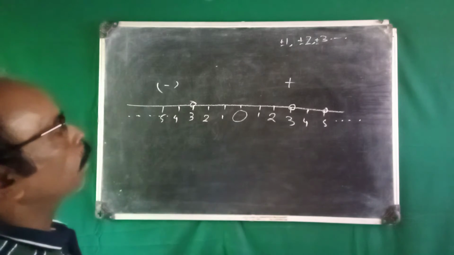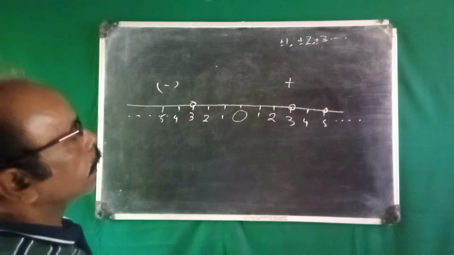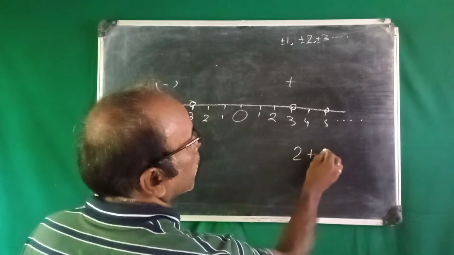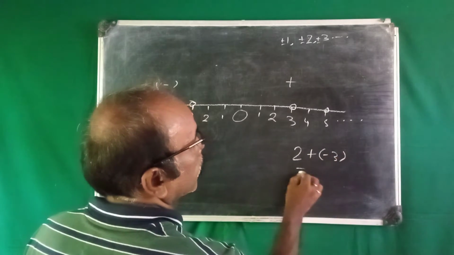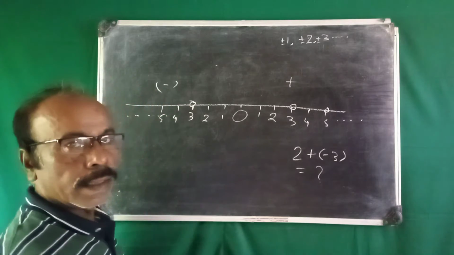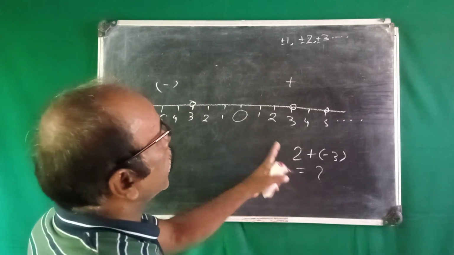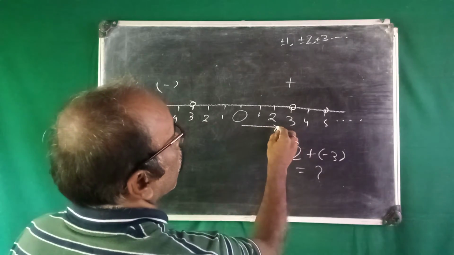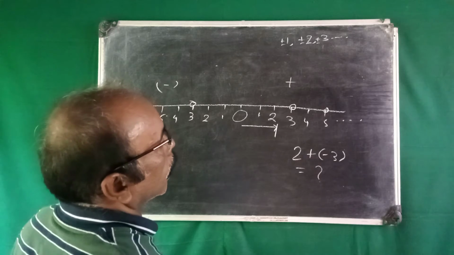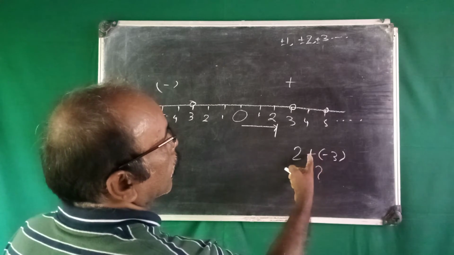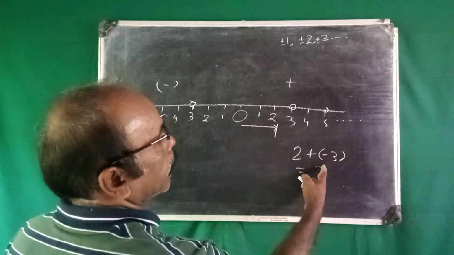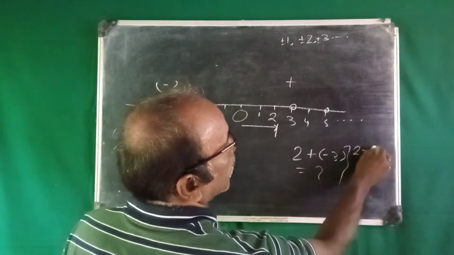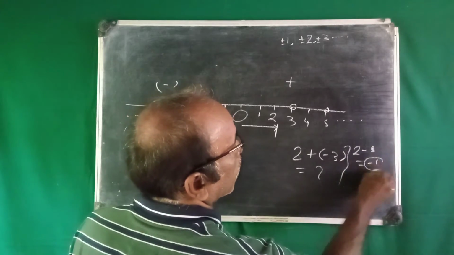But when we place natural numbers on the same number line, just like 2 plus minus 3, what is the result? My dear student, 2 means 1, 2. The number line goes this way. This is the position. And plus minus 3, plus times minus is minus, so according to mathematical calculation, 2 plus minus 3 is equal to minus 1.